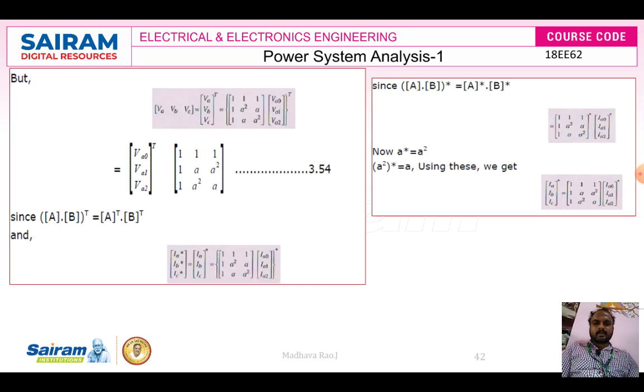Coming to the matrix formation, VABC is equal to the transpose of VA, VB, VC.